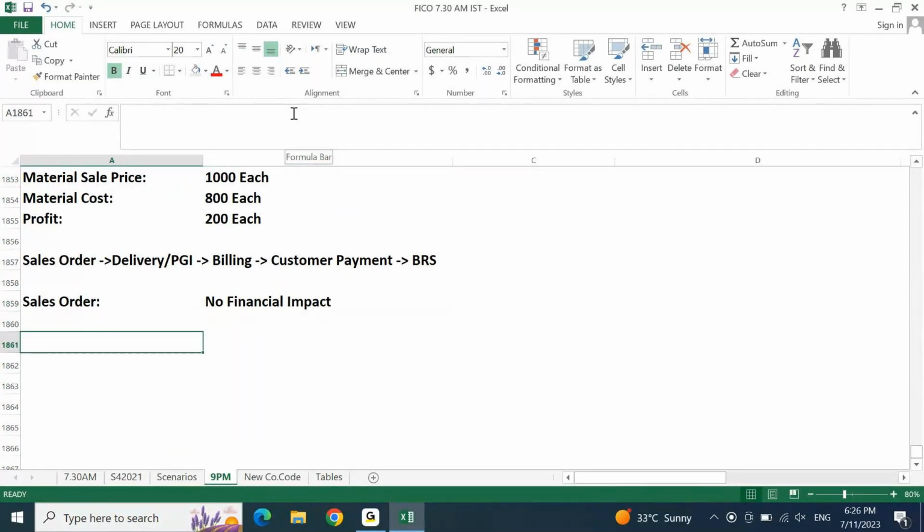After the sales order, you are going to perform a delivery, and then PGI, post goods issue. Delivery is a separate activity, and post goods issue or PGI is a separate activity. When you perform PGI, the system is going to pass one accounting entry.